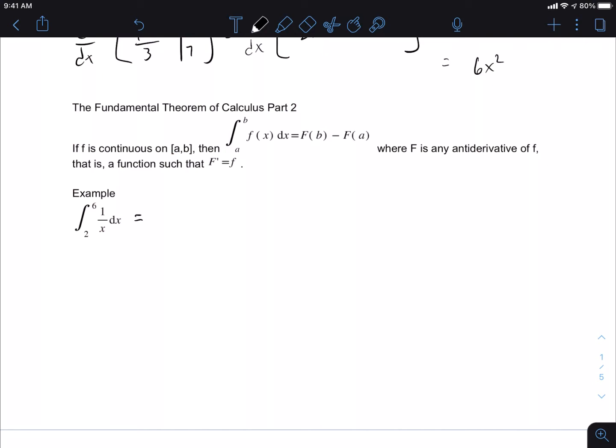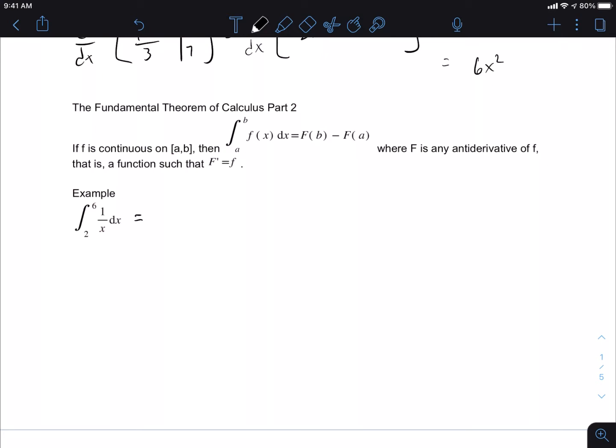What function has a derivative that gives us 1 over x? Natural log. So it's the natural log, correct? Yes.